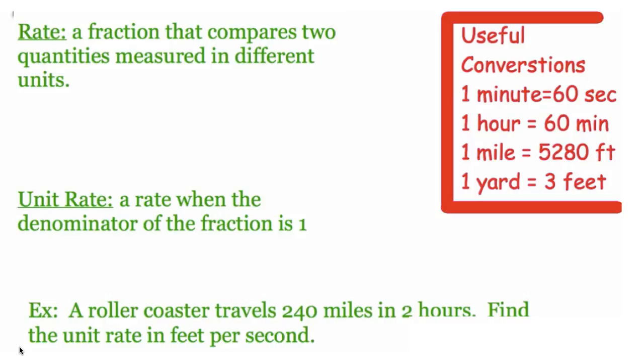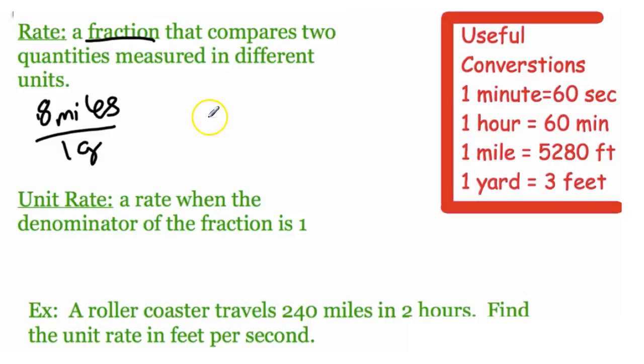Okay, great. So the first definition is rate. This is a fraction that compares two quantities measured in different units. All right, in a fraction, that's going to be divided. So you often hear this when you're driving a car. You have maybe 8 miles per 1 gallon.